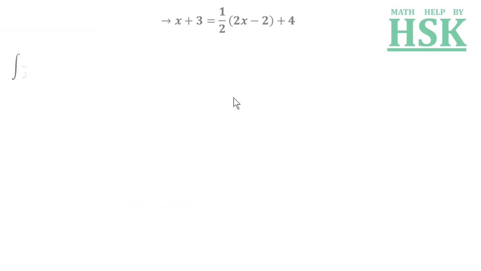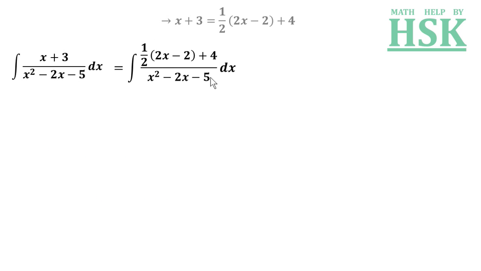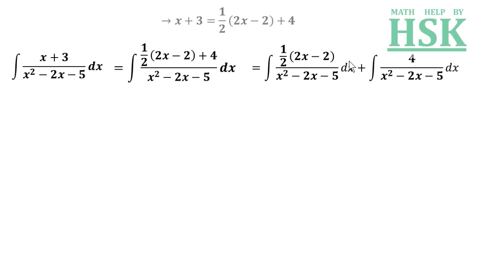Taking this equation and the integral, I substitute x plus 3 as equal to 1 by 2 times 2x minus 2 plus 4. On placing the value, the integral will become like this. Now you can see the numerator contains 2 terms, so I am going to divide the denominator separately with these 2 terms to obtain these 2 integrals.